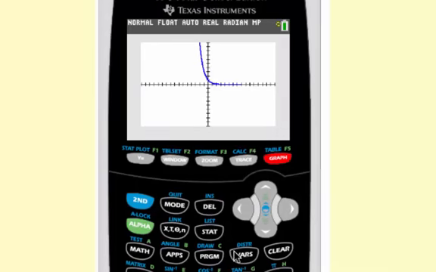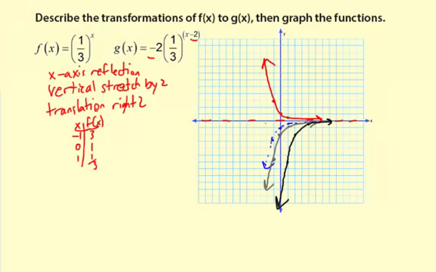So there's f of x. And there's g of x. And that looks like a good match to what I drew by hand, so I know my graph is accurate. And that also I had the right transformations. So aside from the colors being different between red and black here, looks really good.